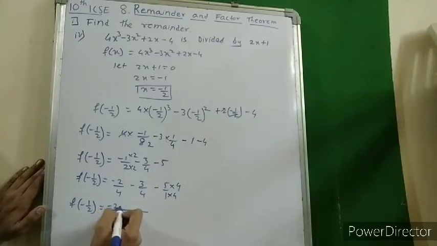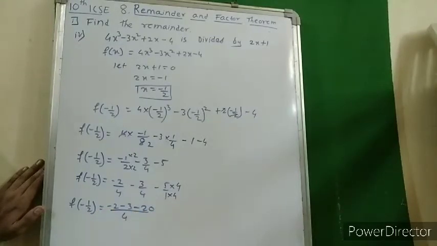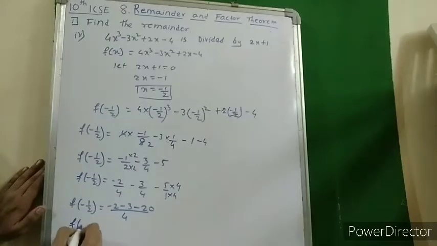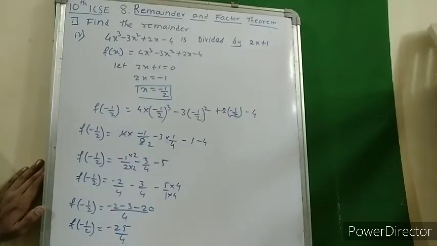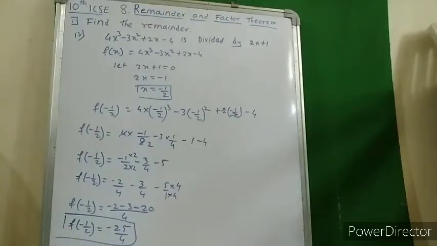So we have minus 2, minus 3, minus 5 fours are 20. So function of minus 1 upon 2 is equal to minus 2 minus 3 minus 20, that is minus 25 upon 4. So our remainder is minus 25 upon 4. Therefore the remainder is minus 25 upon 4.